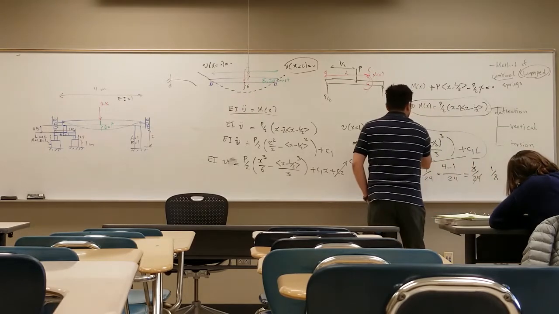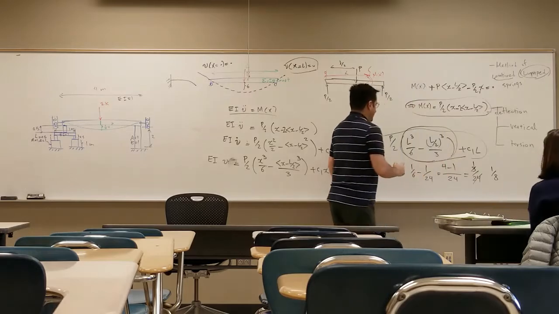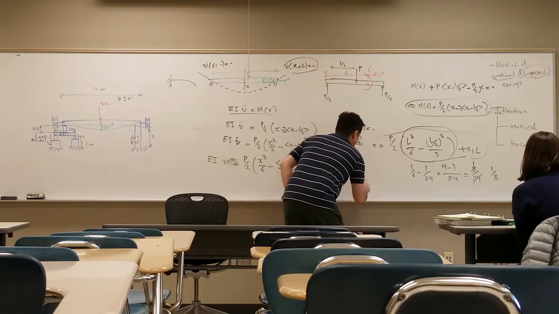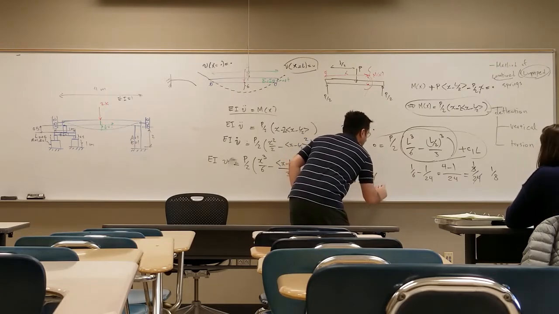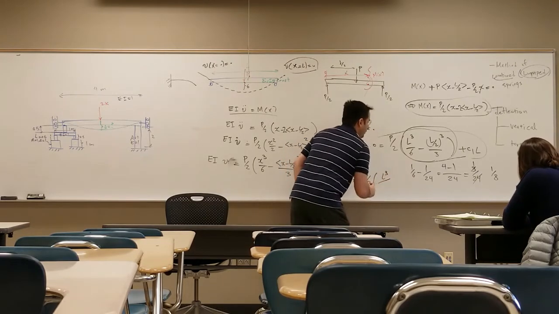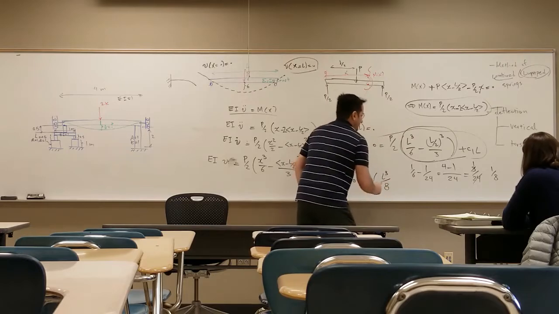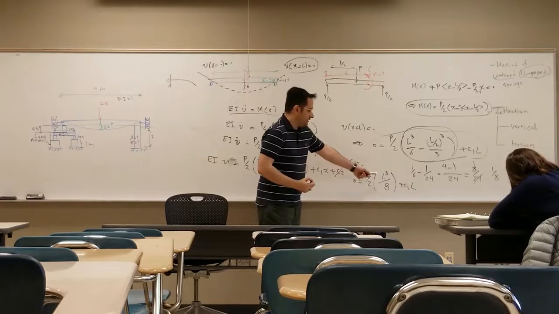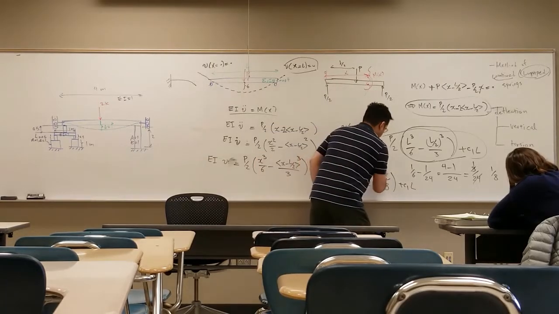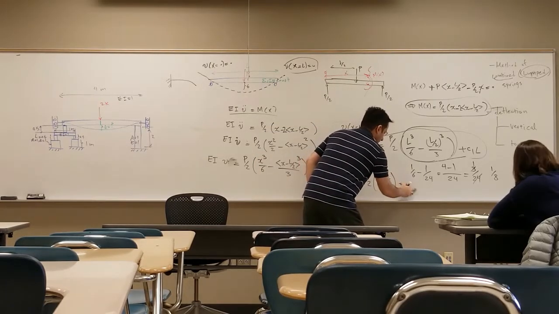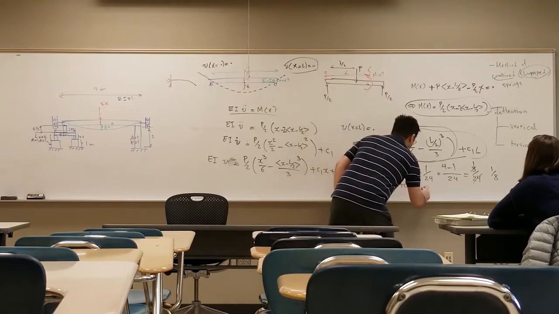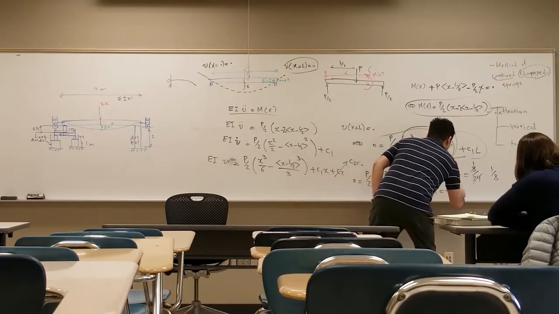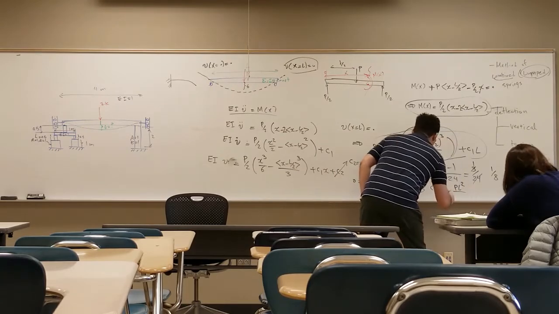So this is 1 over 8 L cubed. So you get 0 is equal to P over 2 times L cubed over 8 plus C1 L, so C1 is equal to negative P L squared over 16.